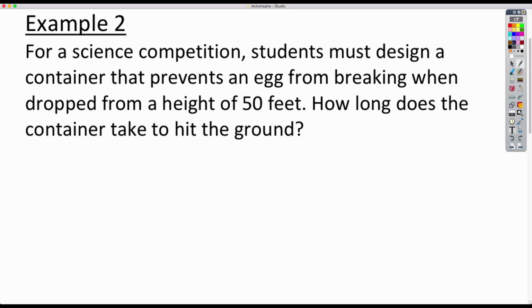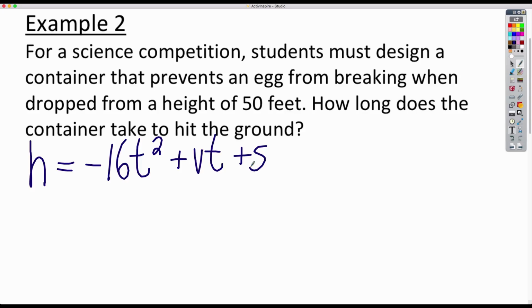So, if you didn't know, this is using a particular function that's used all the time. It's called the vertical motion model. You should have been exposed to it in Algebra 1, but if you weren't, it's okay. So the vertical motion model is h equals negative 16 t squared plus vt plus s.